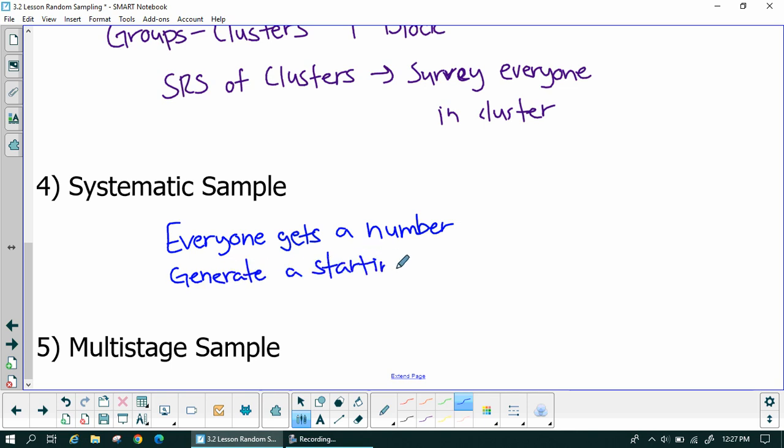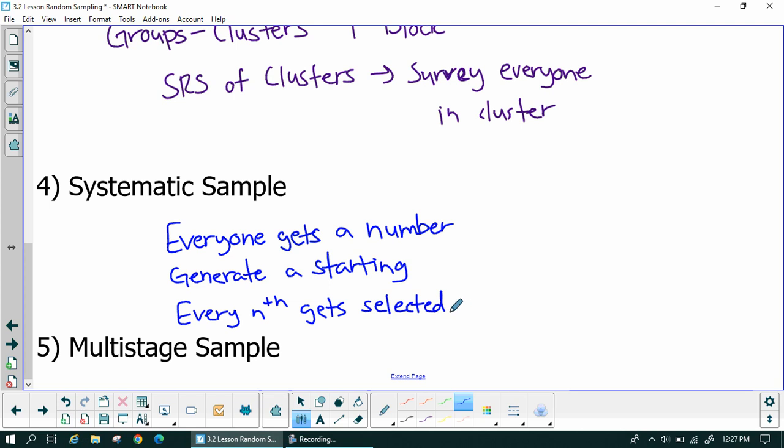So if we are back to our student numbers, we could randomly generate one student number, and then we would decide upon a number of numbers to go by, and then we would pick what we call every nth, because the amount is up for choice.